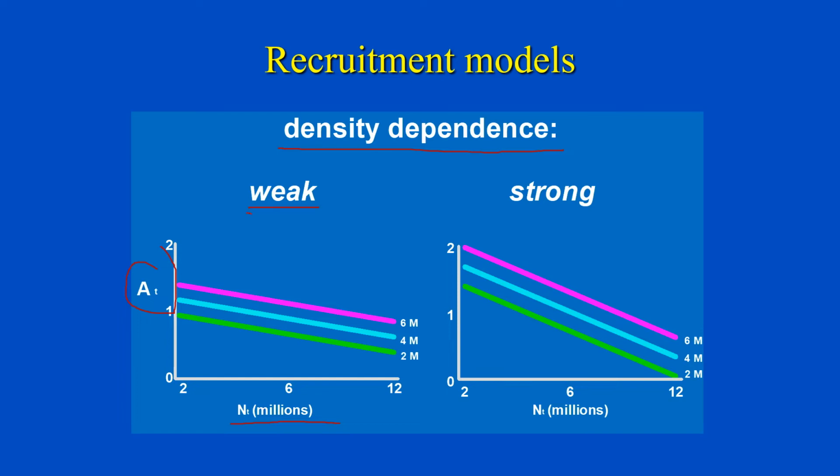So under the weak density dependence hypothesis, basically as population size of ducks goes up, you get a little bit of a drop in number of young produced, but relatively small drop. Under the strong density dependence hypothesis, basically you get a very rapid decline in this ratio of young birds to adults as the number of ducks increases. So hence the weak versus strong density dependence.